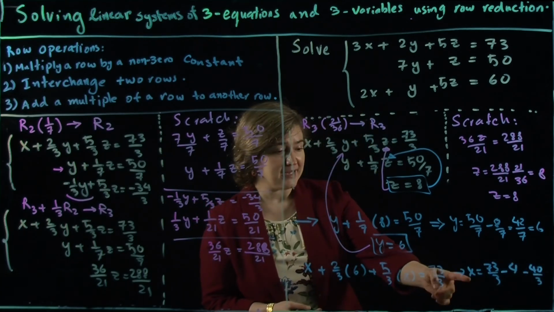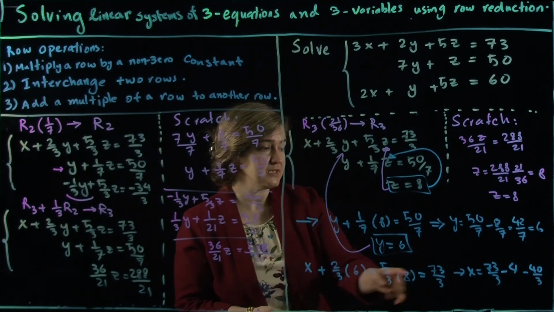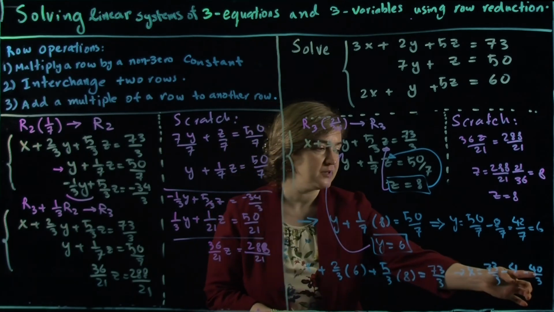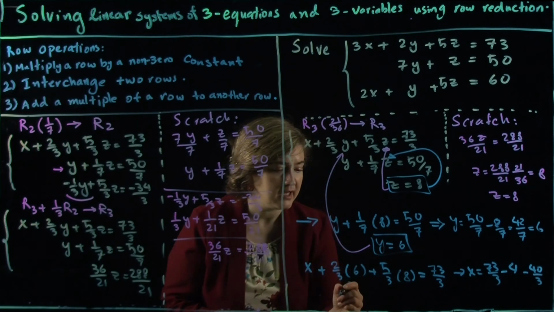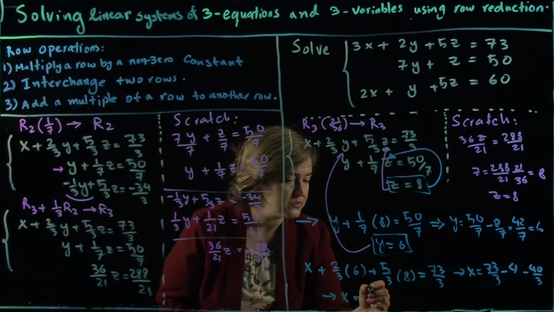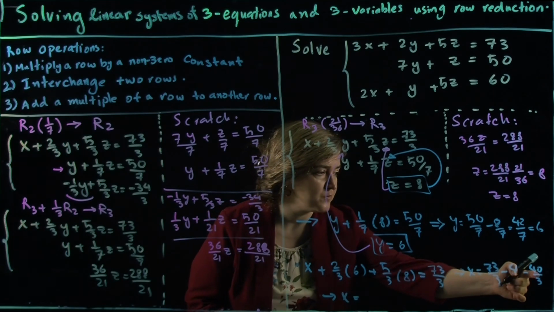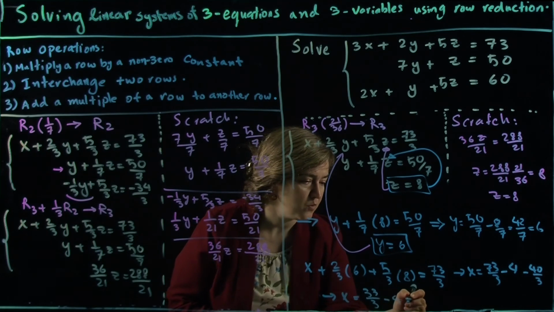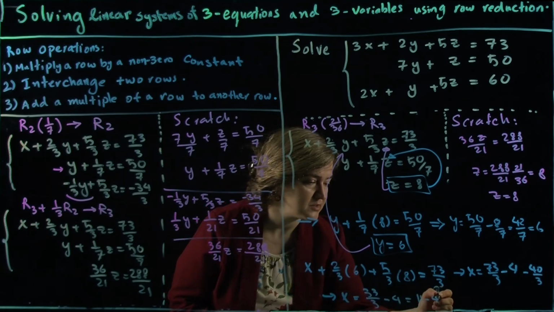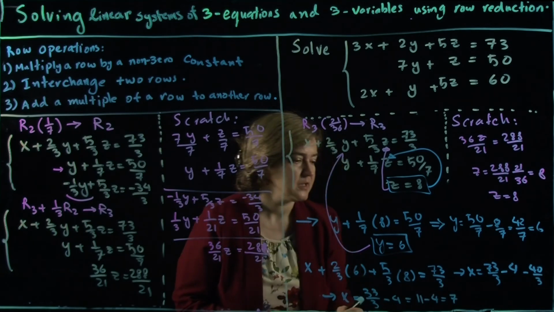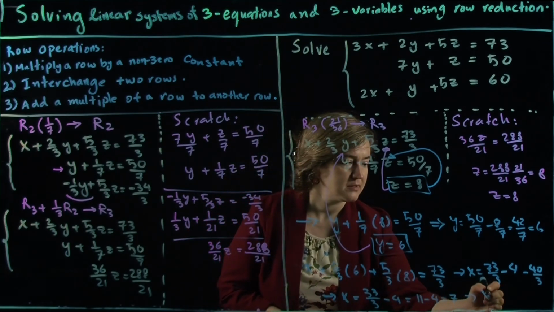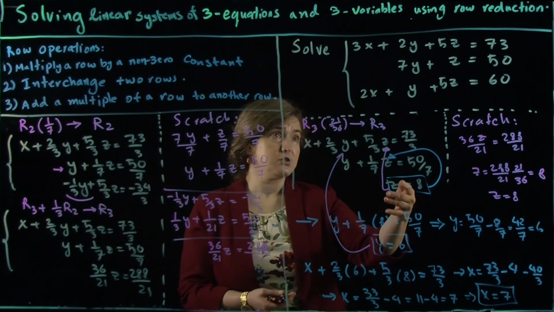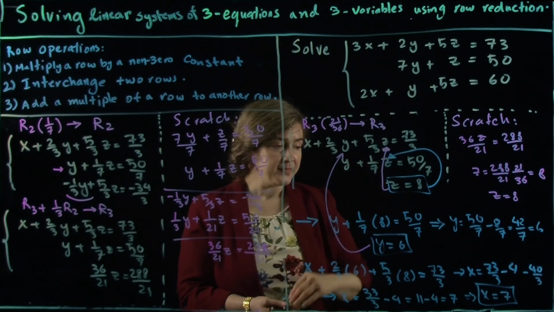So after we subtract 2/3 of 6, which is 4, and then subtract 5/3 of 8, which is 40 divided by 3, we get x is equal to 73 minus 40, which is 33 over 3, minus 4, and that's 11 minus 4, and that's equal to 7. So x is equal to 7. And this is the solution for this system.